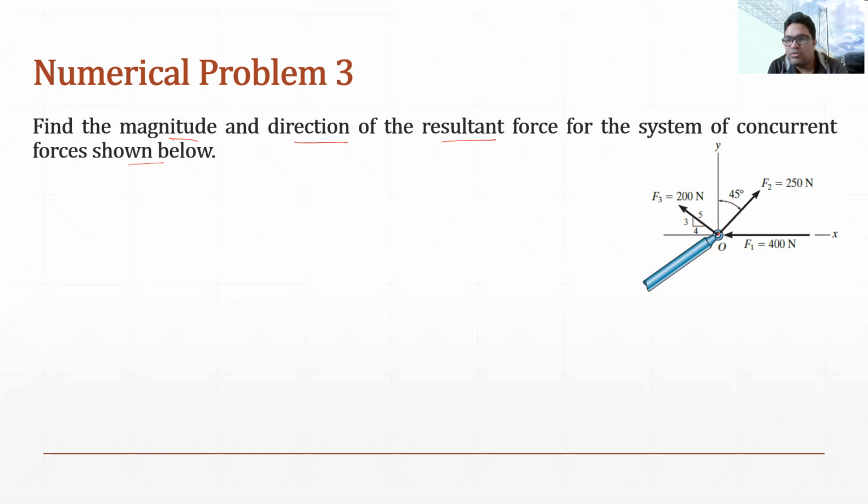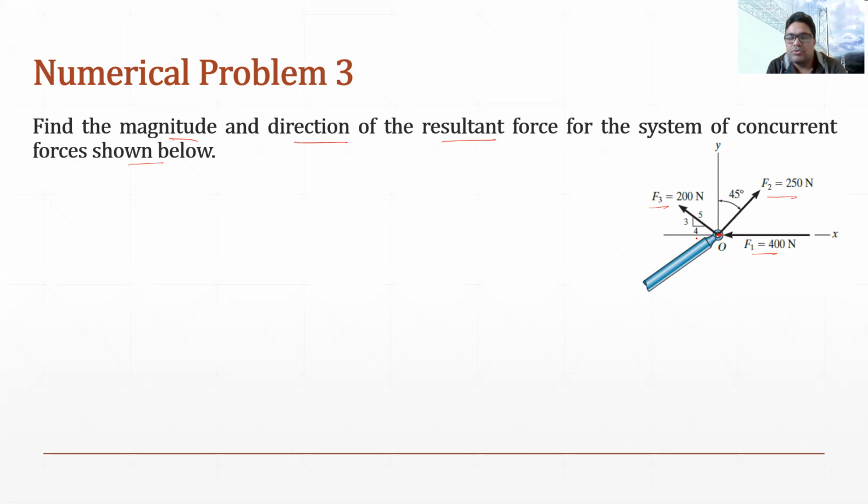So basically on this point there are three forces acting: F1, F2 and F3, and we are supposed to find the resultant of all three forces. So we have to find one single force which will have the same effect as these three forces on the same point.